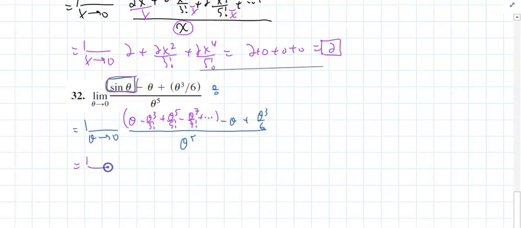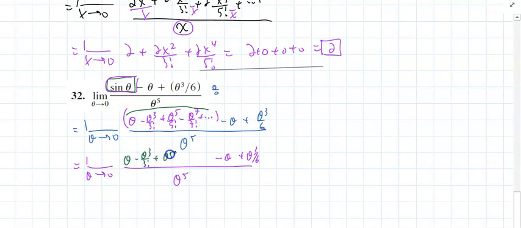And that would be the limit as theta approaches 0 of sine theta minus theta over theta to the 5th. So that would be theta minus theta cubed over 3 factorial plus theta to the 5th over 5 factorial minus theta to the 7 over 7 factorial.